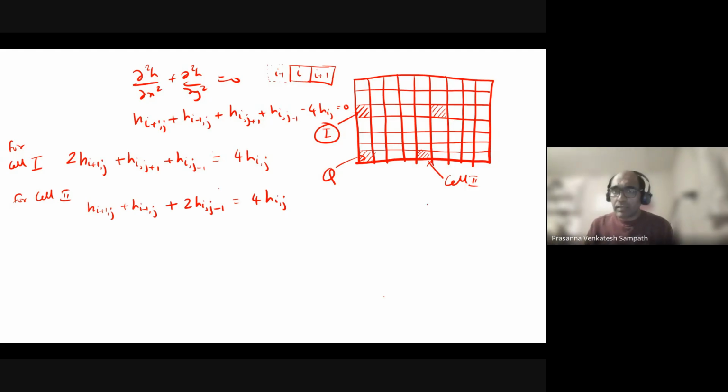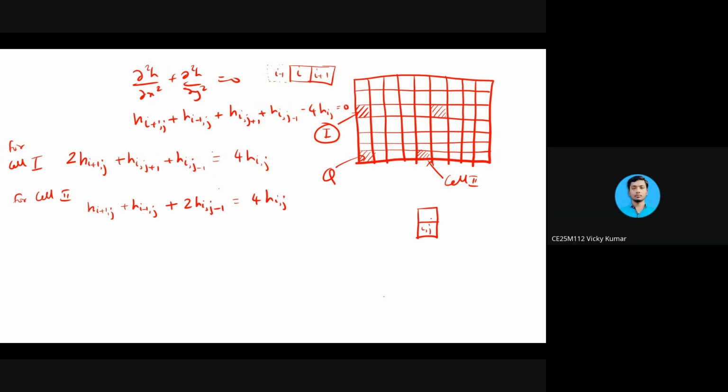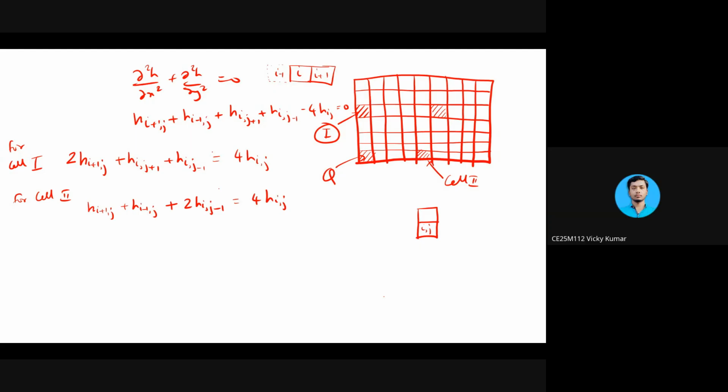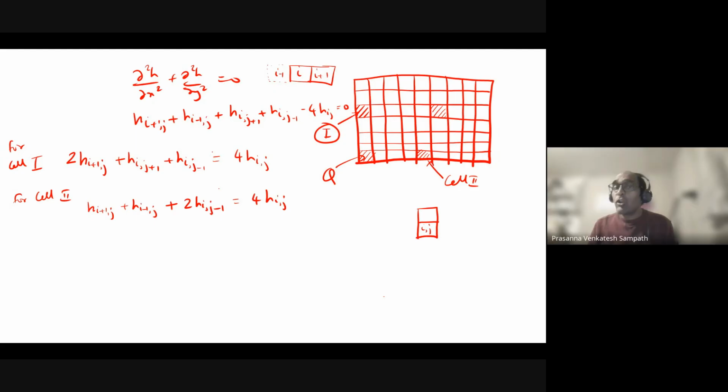So now in this case, Sir, instead of 2H i comma j minus 1, I can also read 2H i comma j plus 1. But j plus 1 doesn't exist, Vicky. No. See, remember this, whatever equation I've written is only valid for this last row of cells.